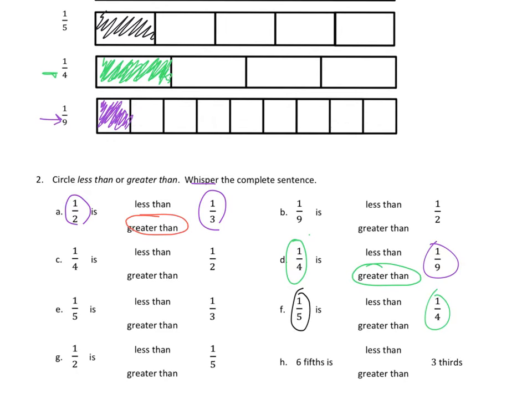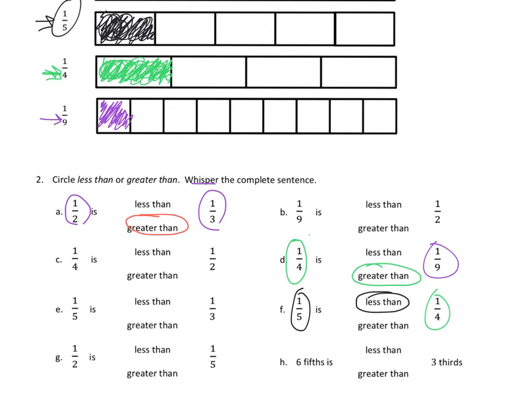So if I look up above, 1/5 is right here, and again my 1/4 is right here, and I can see that 1/4 is greater than 1/5, or is a bigger piece, which means 1/5 is going to be smaller than or less than. So when I make this statement, 1/5 is less than 1/4, meaning it is a smaller piece of one whole than 1/4 is.